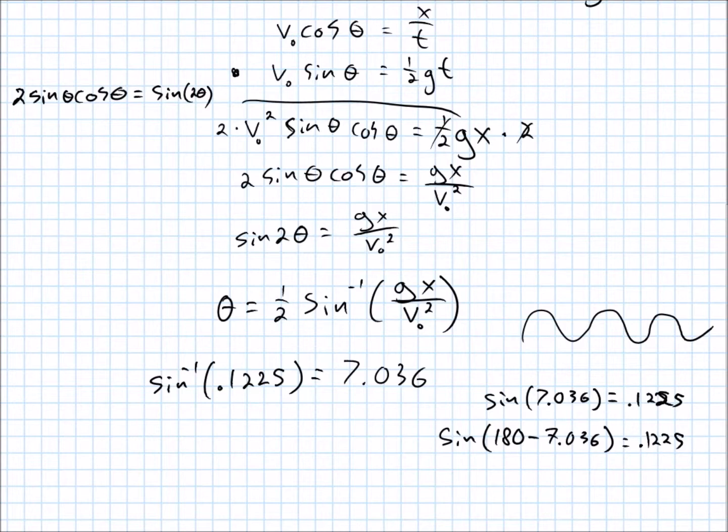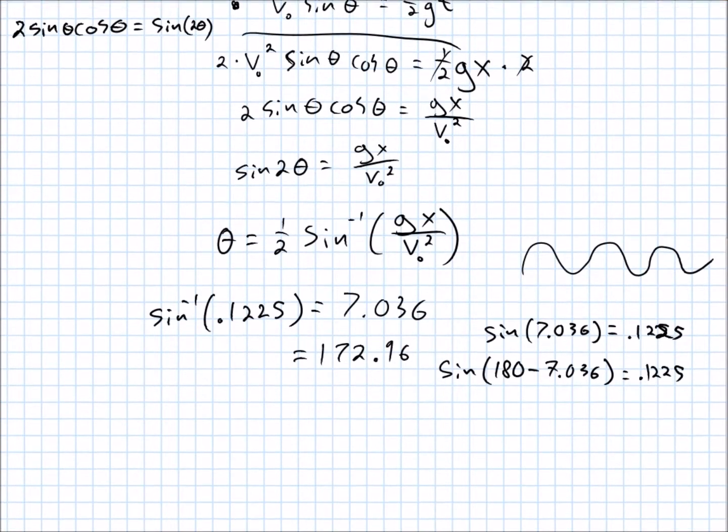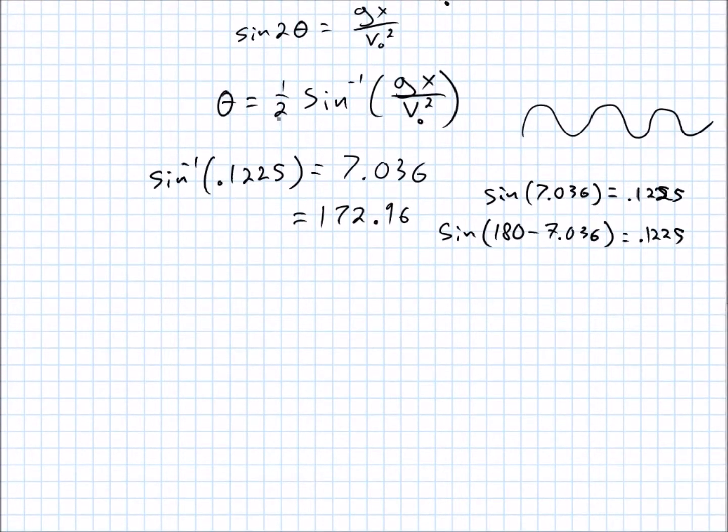Now you can try that out for yourself, but what it means is that another solution to the sine inverse is 180 minus 7.036, which is, so, not forgetting to divide each of these by half, our two possibilities for theta are about 3.51 and an 86.4, something like that.